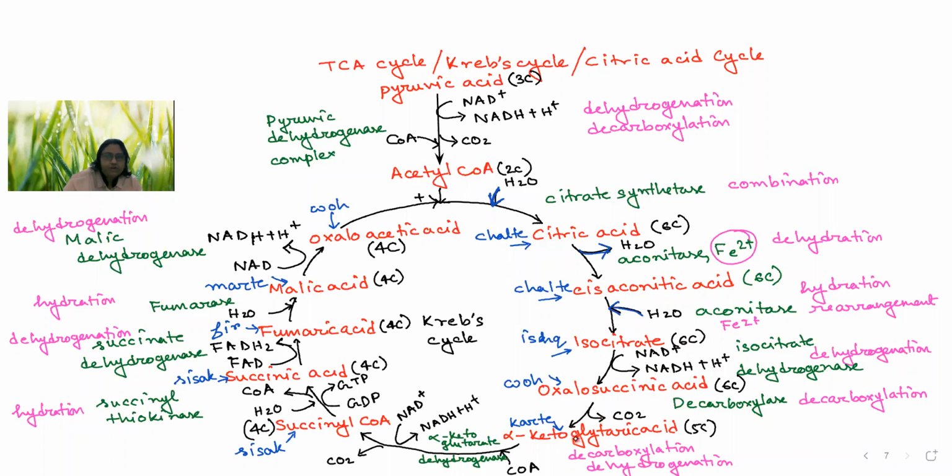So in alpha ketoglutarate, the word Karte will signify both alpha ketoglutarate acid and release of carbon dioxide. Then there will be Sisak. So in the first Sisak, there will be release of energy via GTP. In the second Sisak, there will be release of energy via FADH2.